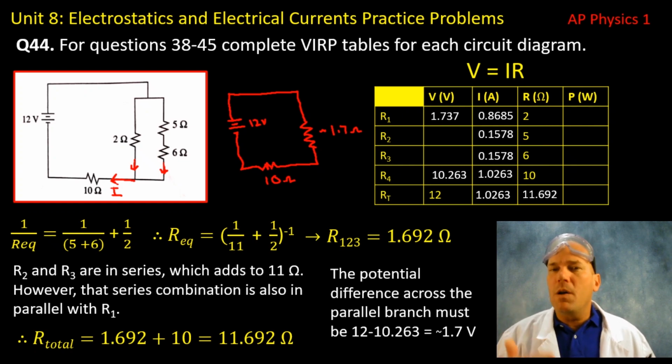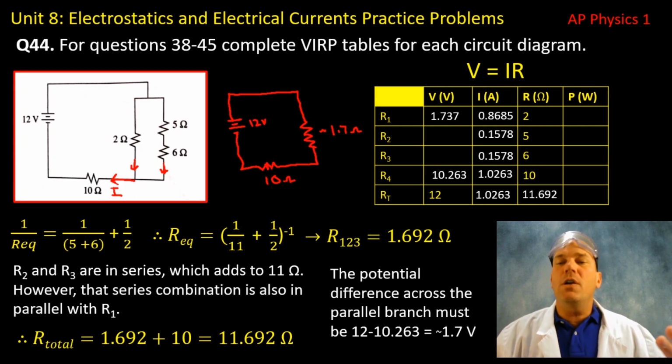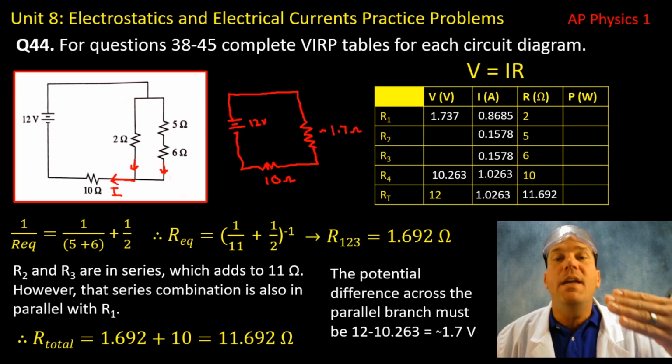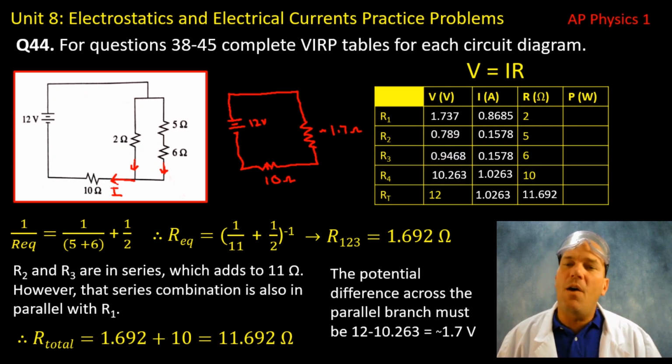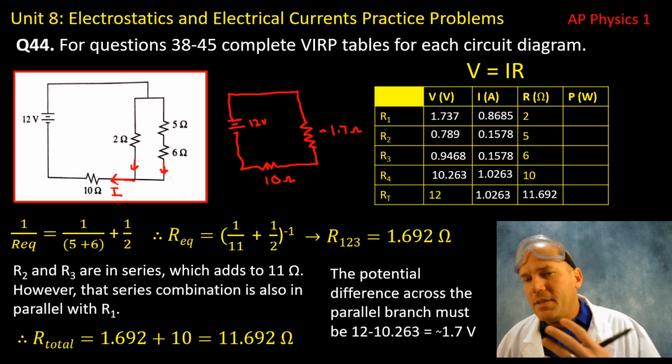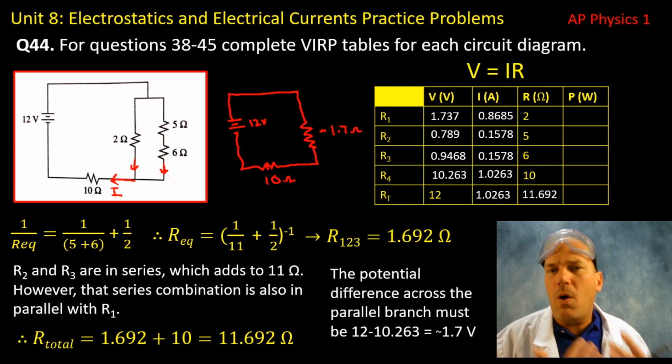So we can take 1.0263 and subtract 0.8685 to get the current, which will be constant across R2 and R3, to be equal to 0.1578.